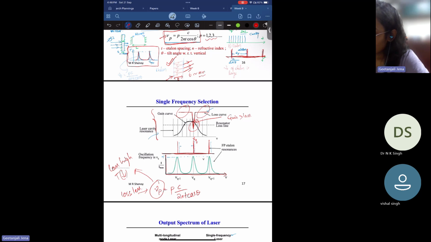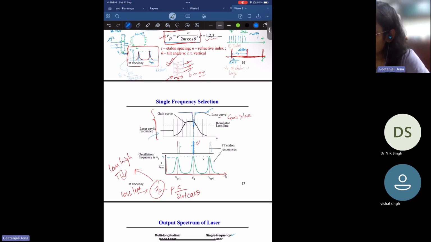And if you now use this Fabry-Pérot etalon, let's say we are using it around nu q. Okay. So for this, what will happen? Let me take a different color. If you see the loss curve is like this, that means only this frequency, the frequency around this etalon, will be transmitted.